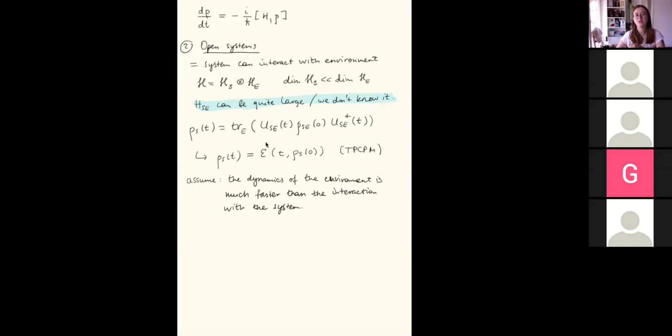A good example of this would be to think about a cup of coffee. The molecules of coffee are interacting with the air, but because we're looking at the interaction between liquid and gas, intuitively you can already see that we can assume that these molecules of coffee always interact with new molecules of gas.